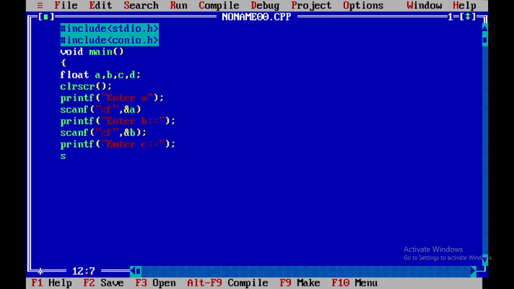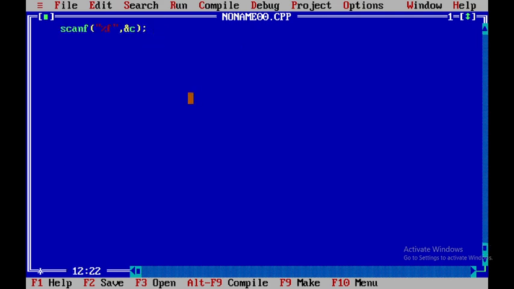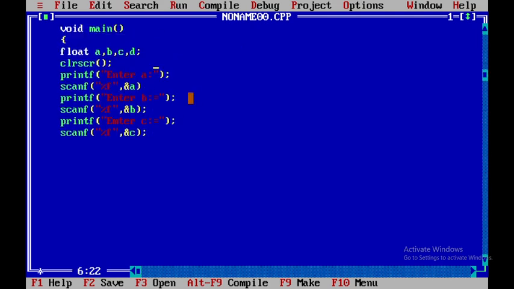Then scanf %f and c. And then finally we are going to find the value of d, which is equal to b square, so b star b minus 4 star a star c.